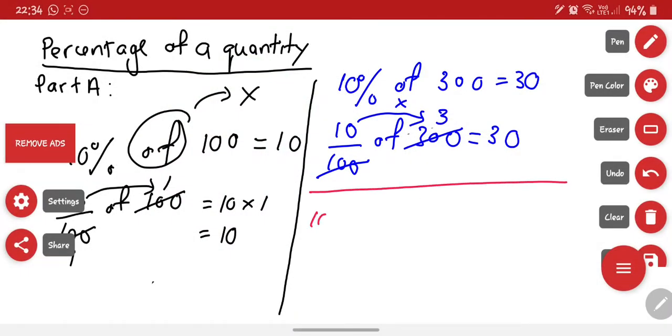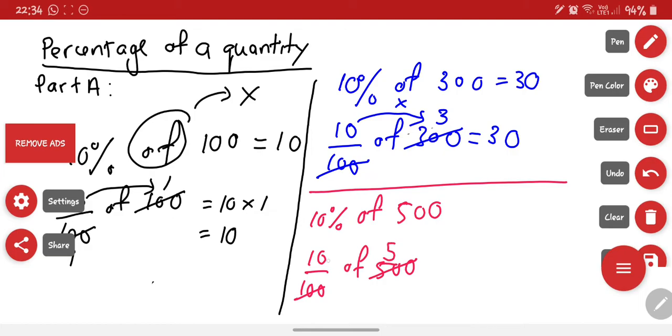Okay, now 10% of 500. So again you change 10 over 100 of 500. Remember, whole number divided by denominator, you will get 5, then you multiply, you will get 50.